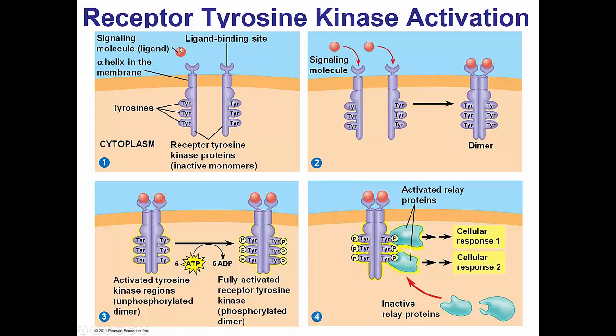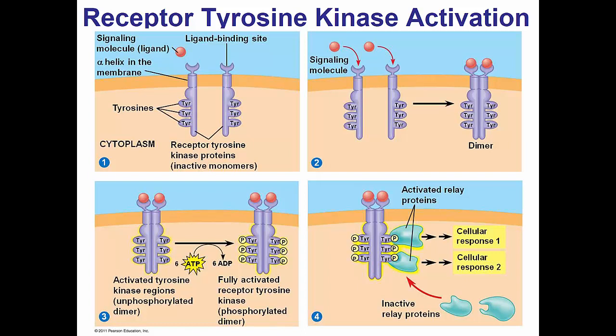So when these growth factors bind, they tend to drive cell division. Because of this fact, many of the proteins of the receptor tyrosine kinase pathway also serve as oncogenes. So when this pathway becomes hyperactivated, that can lead to cancer.